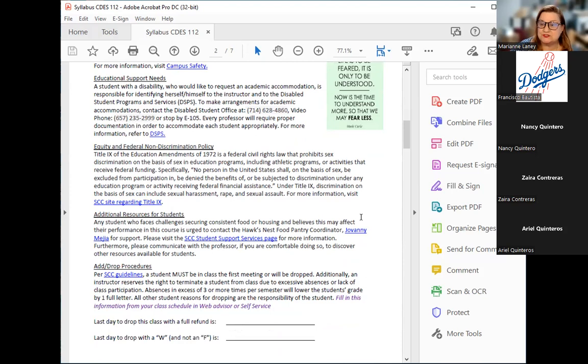Additional resources for students: we do have a Hawk's Nest here. As a social worker, it was hard to get people groceries, and I just saw them unloading boxes of eggs today. I was like, dang, I just paid $6 for some eggs. All you need is a student ID. You don't even really need the card, just something that shows your name and number.